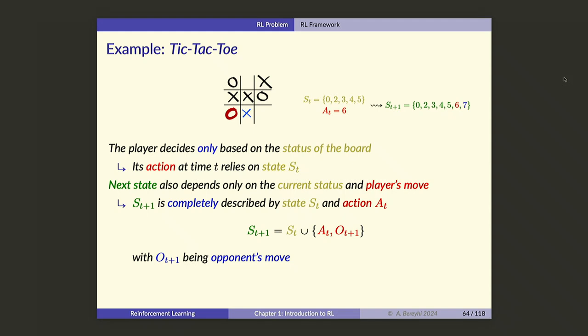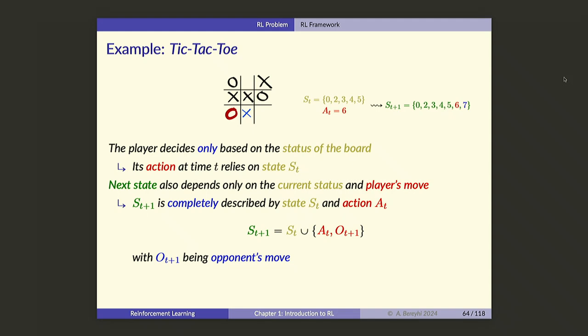So what's going to be the next state? The next state is whatever we have played already, the action of the agent, and the action of the opponent after that. Say the opponent plays cell 7, then the state s_{t+1}, after you do your action, is this one.